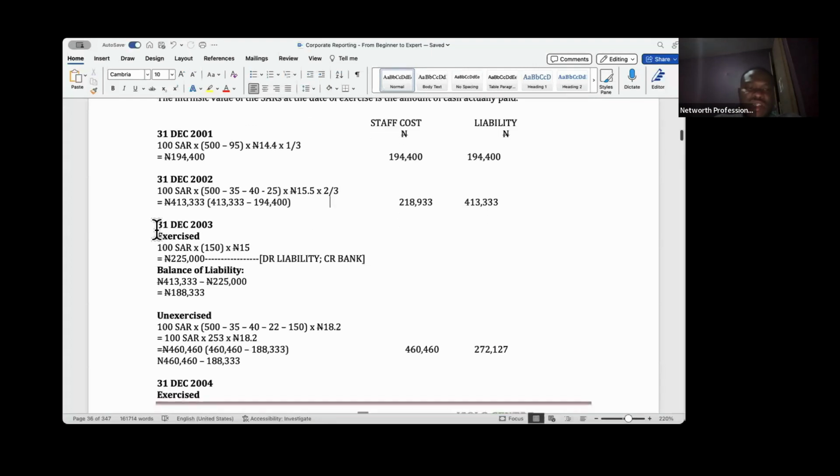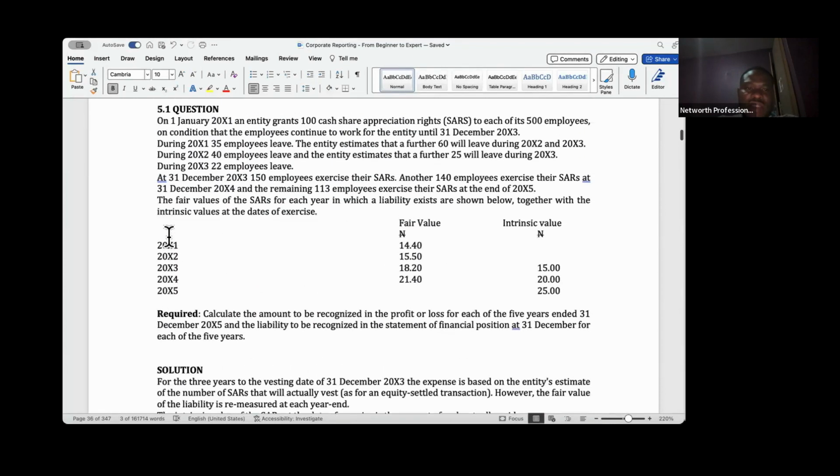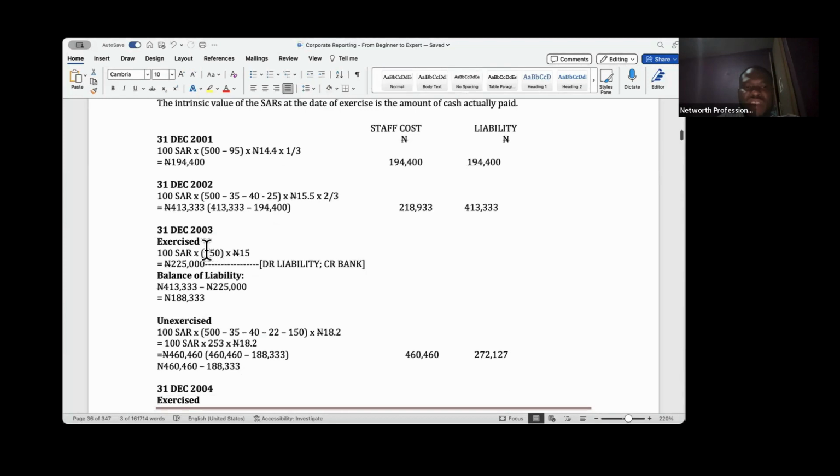Now, at the end of year 3, I used this approach because I feel it would be easier for you, so that you won't be repeating things, since they started exercising in year 3. So I just said, 150 exercised.